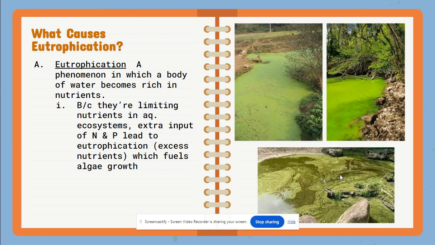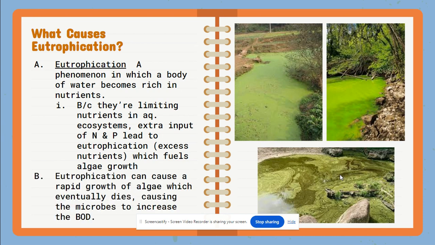So when we have an extra input of nitrates and phosphates, that leads to eutrophication, excess nutrients, which is going to fuel algae growth, which is why you tend to see that green film on the surface of a eutrophic lake.